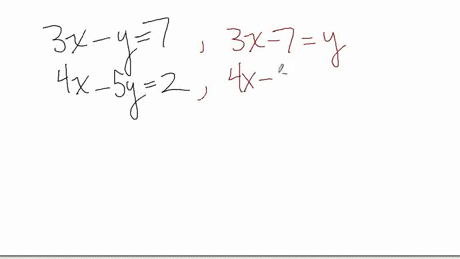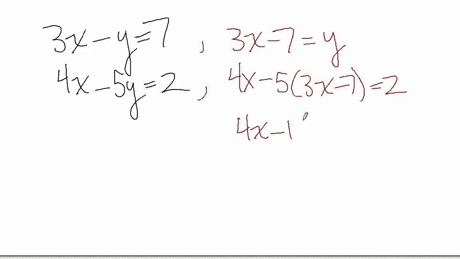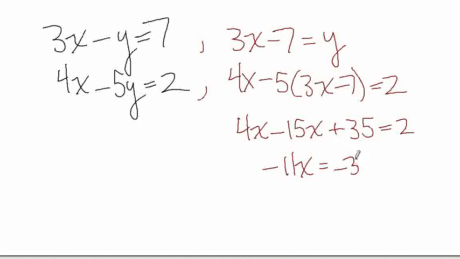So 4x minus 5 times (3x minus 7) equals 2. And I can solve that. 4x minus 15x plus 35 equals 2. Combining the x terms, I get minus 11x. Subtracting 35 from both sides, I get minus 33 on the right side. Dividing both sides by minus 11, I get x equals 3.